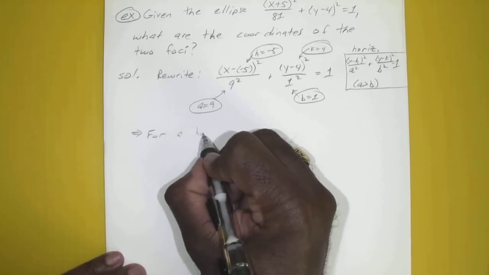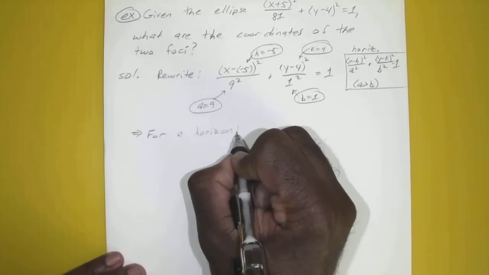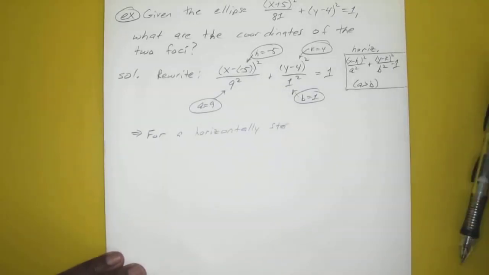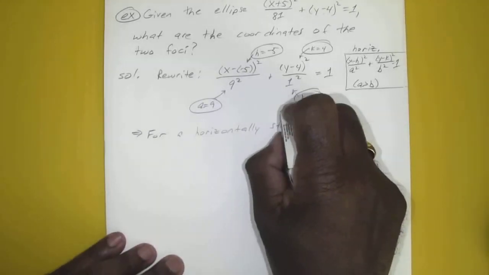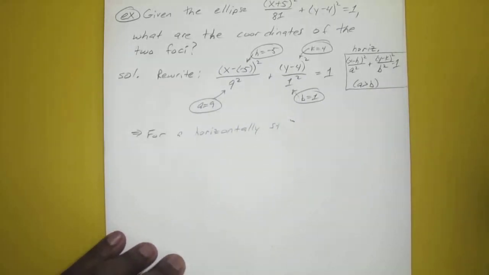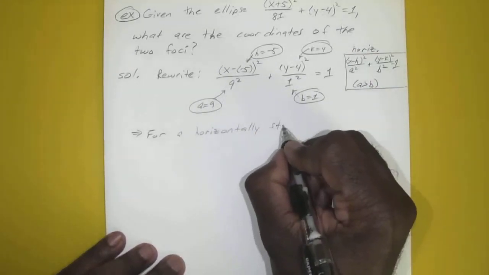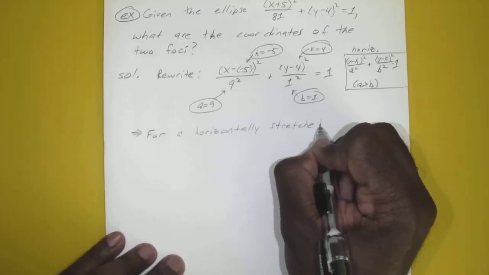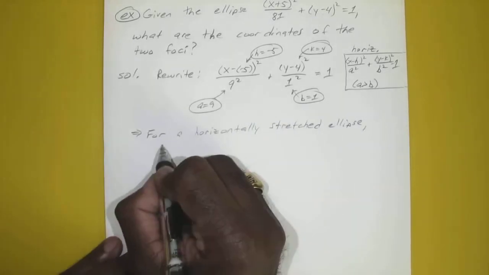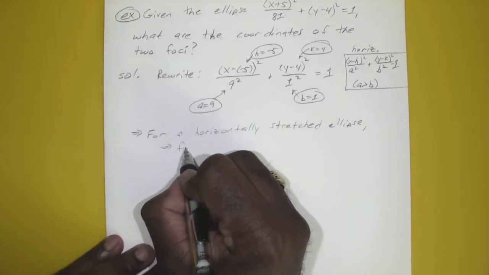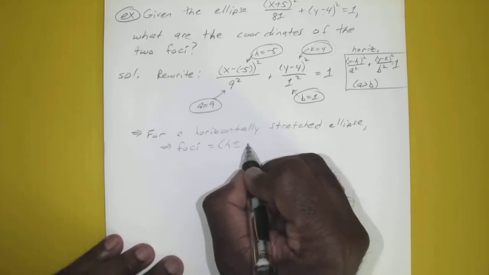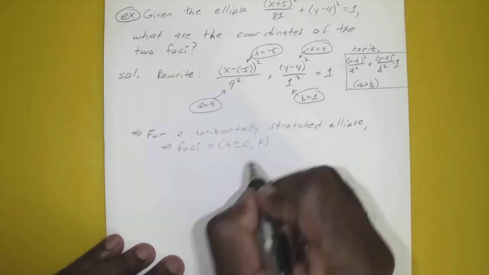For a horizontally stretched ellipse, we know our focus point is going to equal h plus or minus c, k.